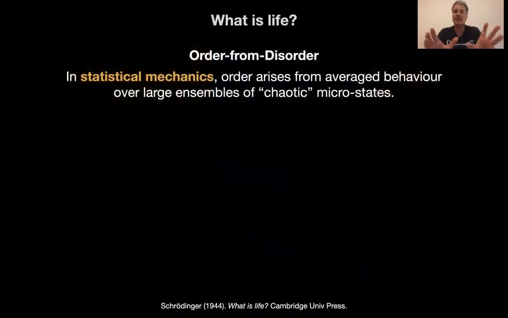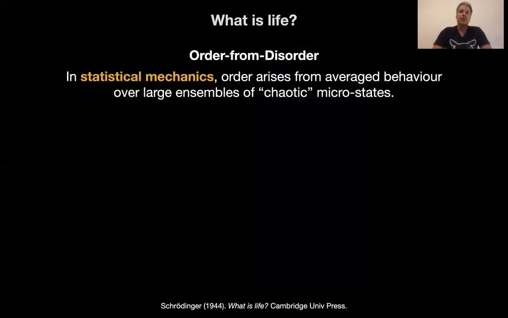But it's actually an argument that puts side by side two very different views of how you get order in living systems. And the first view is the order from disorder, the idea that you get what we would nowadays call self-organization. But at the time when Schrödinger was writing, the science of complexity didn't exist yet.